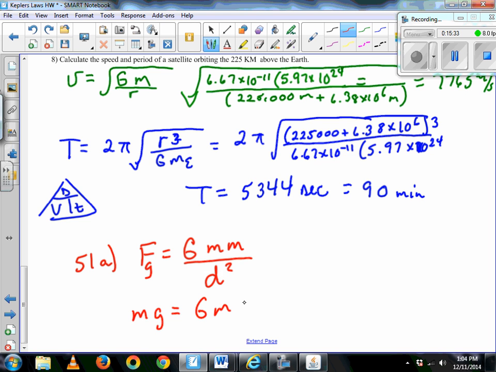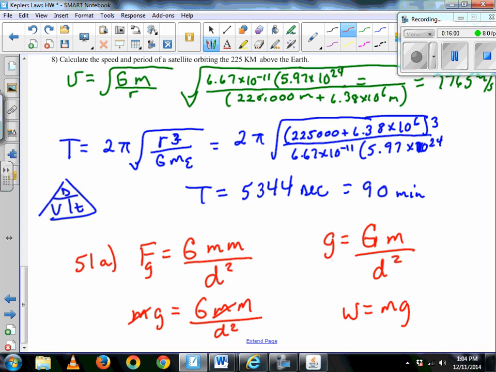And so what ends up happening is this: one of these Ms cancels out with one of these Ms, so you're left with acceleration due to gravity on a planet is big G times the mass of the planet divided by the radius of the planet squared. So that's for 51A. And for B, naturally, you can just do the weight equals mass times gravity. Once you get this answer, plug it in down here. Okay? So that is the homework.